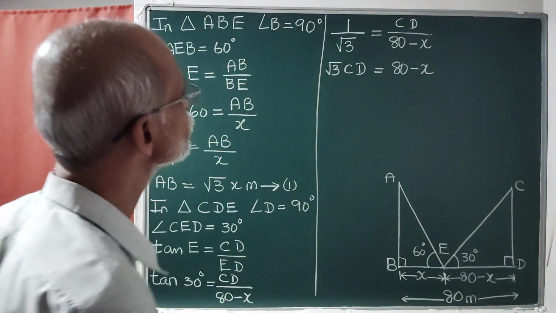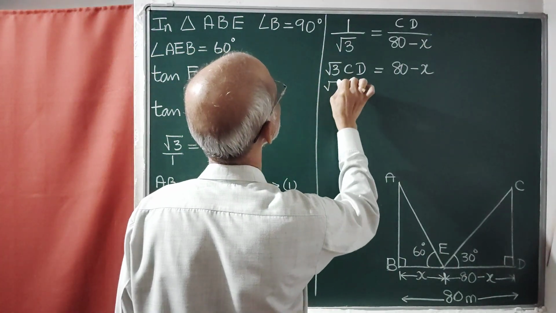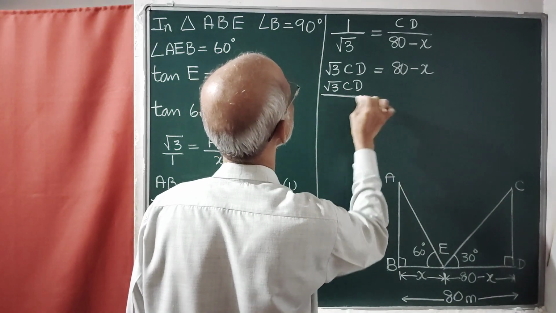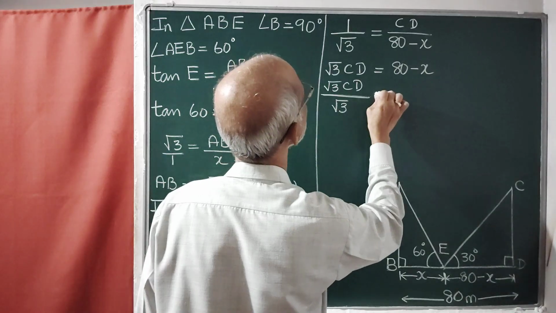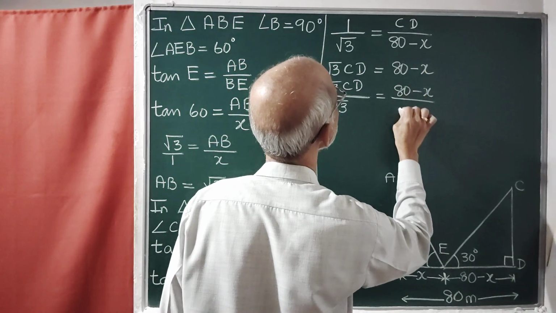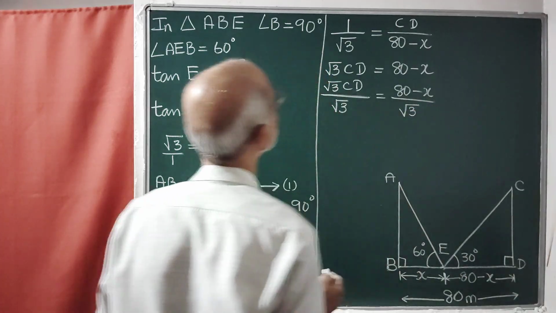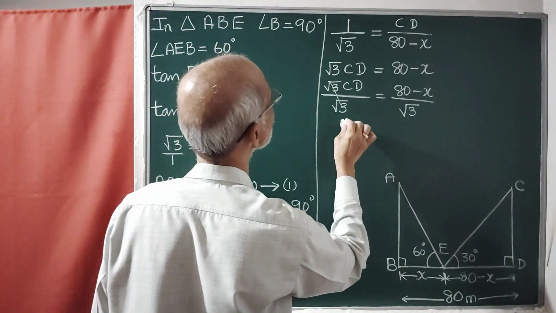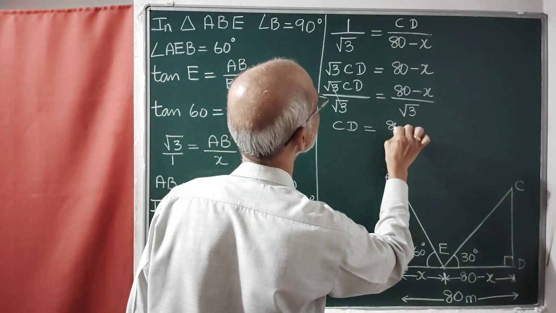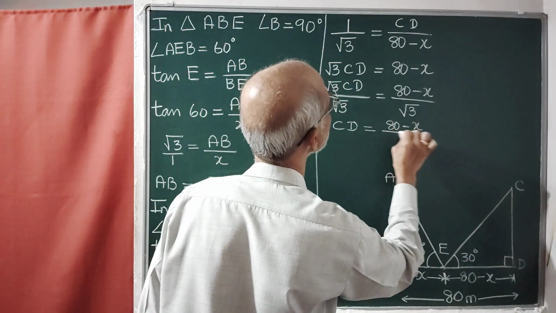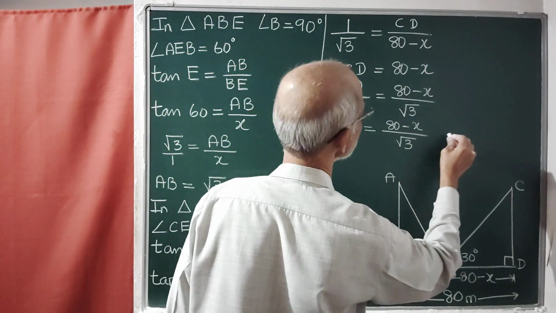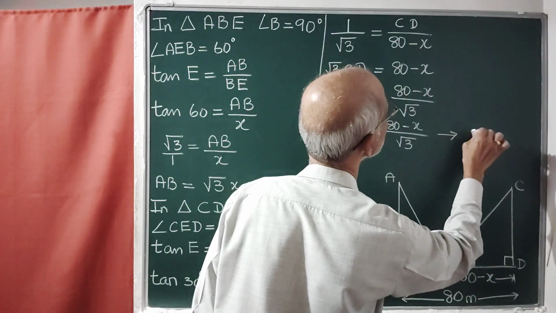Now divide both sides by root 3. So CD will be equal to 80 minus x by root 3. This is equation 2.